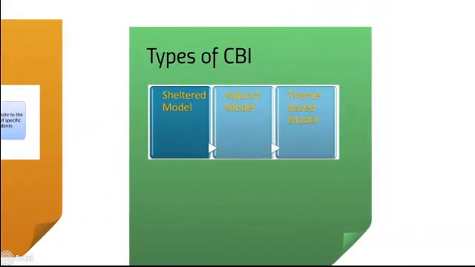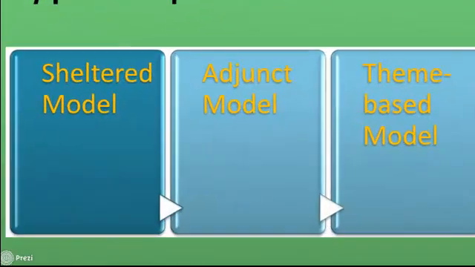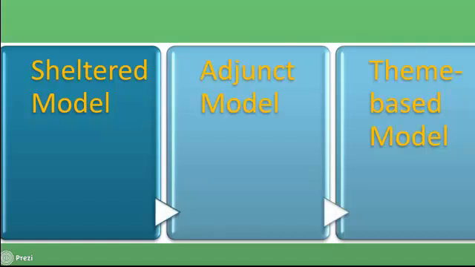Let's talk about the types of CBI. There are 3 models: shelter model, adjunct model, and theme-based model. 1. Shelter model. It is called shelter because learners are given special assistance to help them understand the regular classes. 2 teachers can work together to give instruction in a specific subject.